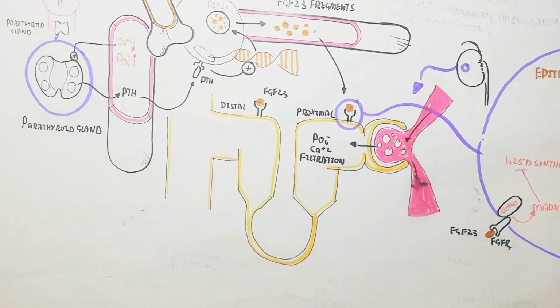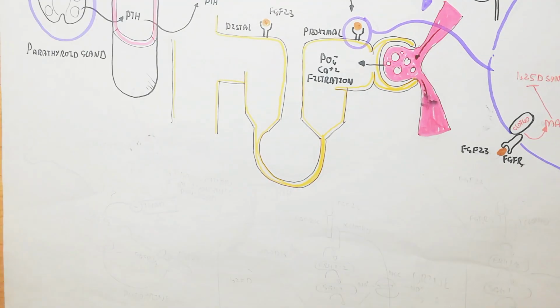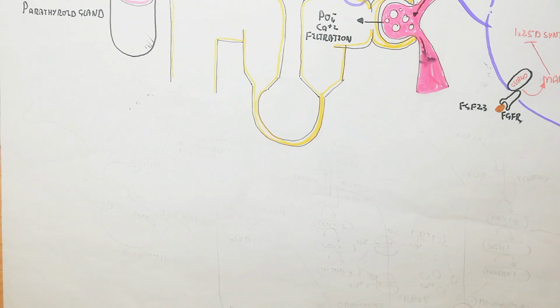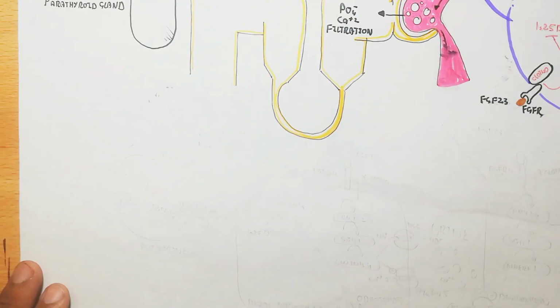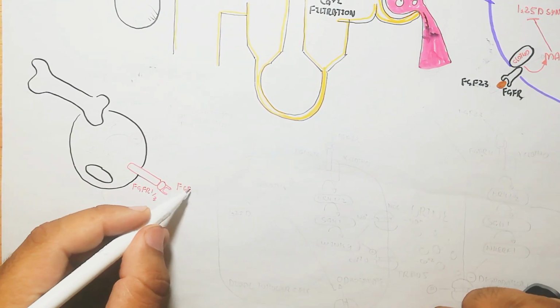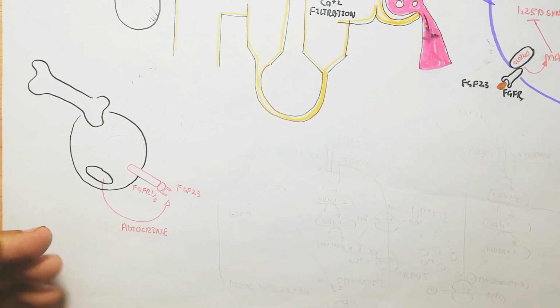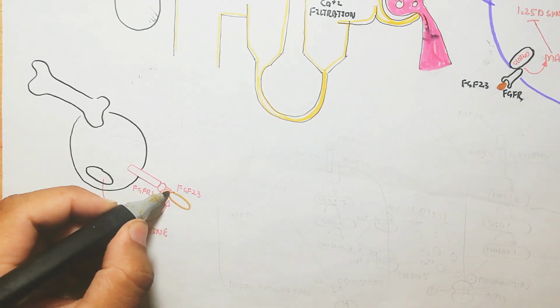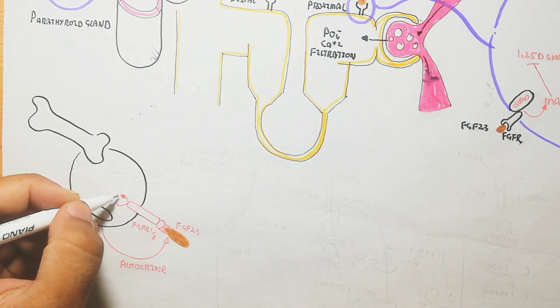In this way, the blood will excrete the extra inorganic phosphate. If not released, a phosphate kidney stone can be possible. On the other hand, here is the osteocyte, which contains FGF receptors 1 and 3. When bound with FGF23, it will activate ERK1 and 2, which will inhibit TNAP.